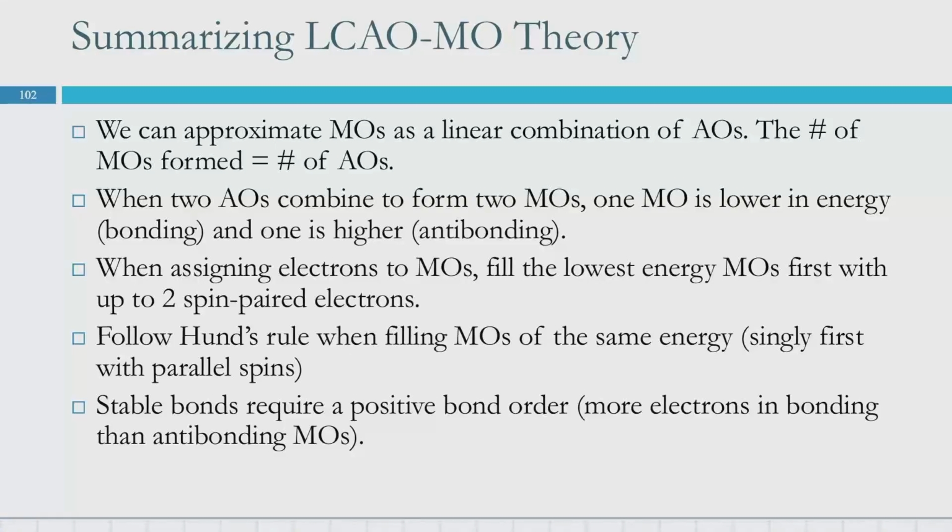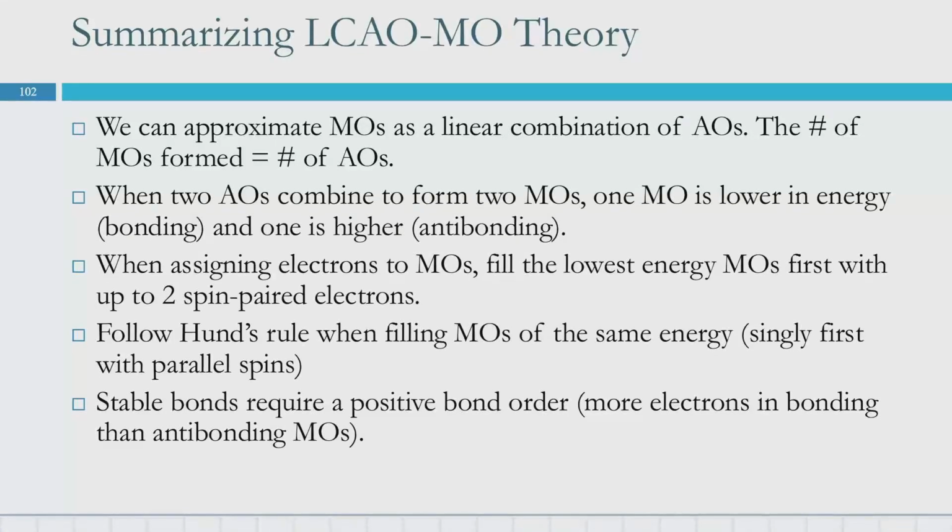So there's a slight offset to the negative side. The number of molecular orbitals formed equals the number of atomic orbitals. So if we're putting in our s orbitals, we get 1 low, 1 high. It's the same number as we had before.